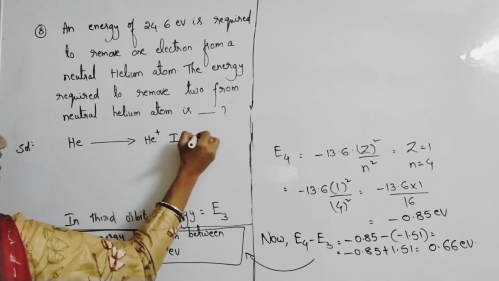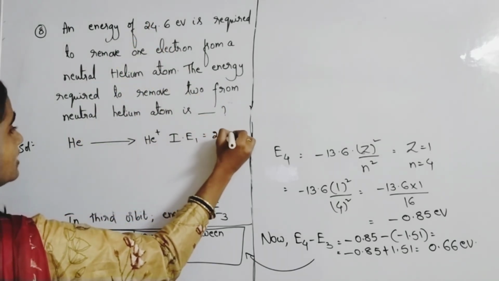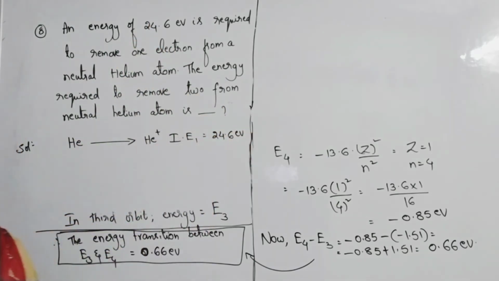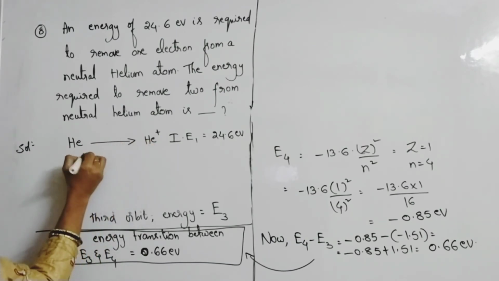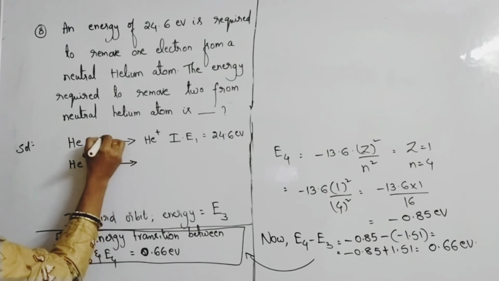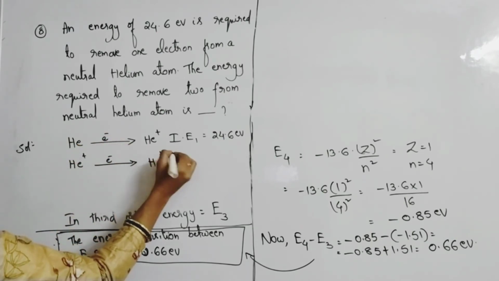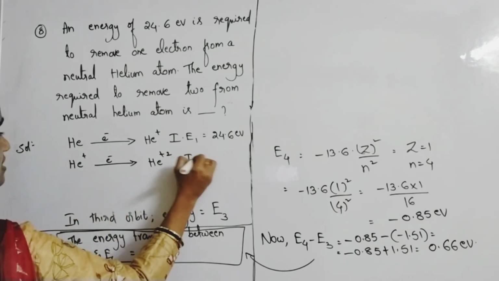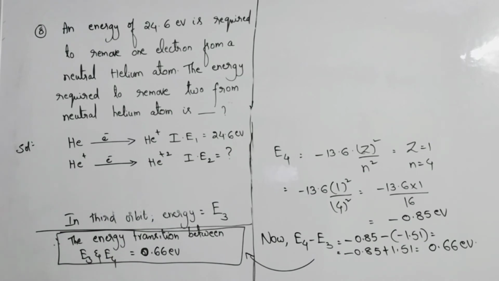IE1, first ionization energy. And its value is given as 24.6 electron volts. Now, from this He plus unipositive ion, you are removing one more electron so that it forms He2 plus ion, and this energy you are calling it as IE2, and we have to calculate this energy only.